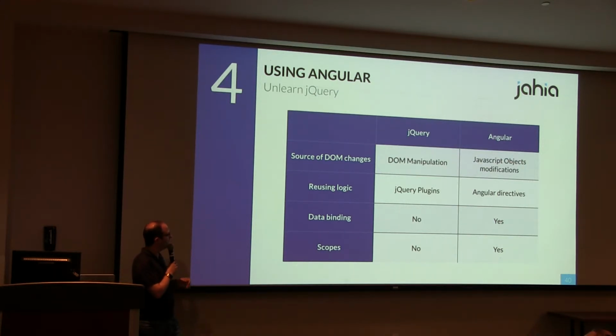In terms of reusing logic, in jQuery you have to build plugins, and I know very few people who actually did that. You end up sometimes copying the code, or it can get ugly fast. In Angular, it's really part of the framework: you build directives. Finally, data binding and scoping are notions that only exist inside of Angular. Learning to use these and understanding them made us a lot more productive once we understood them.